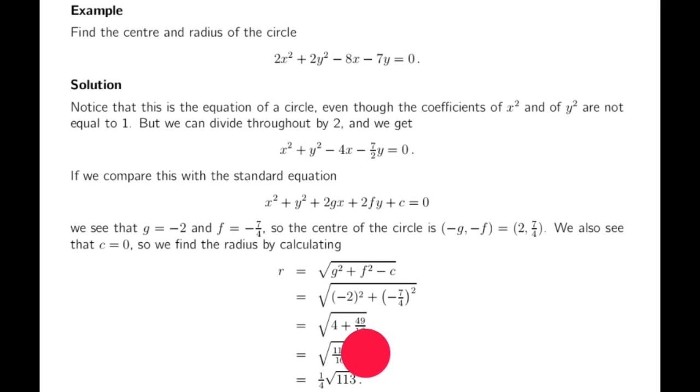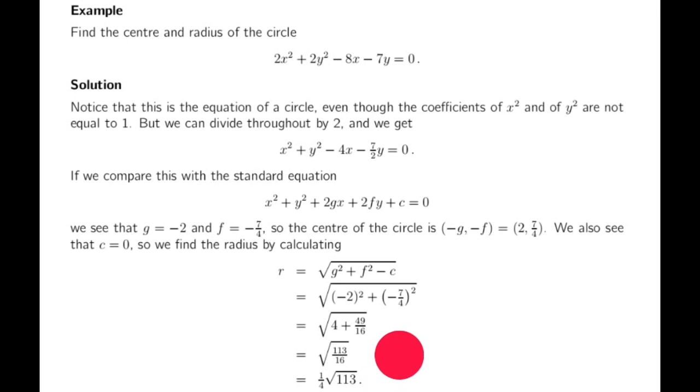Now, simplifying this one, we get square root of 113 by 16, or it can be written as 1 by 4 square root of 113.